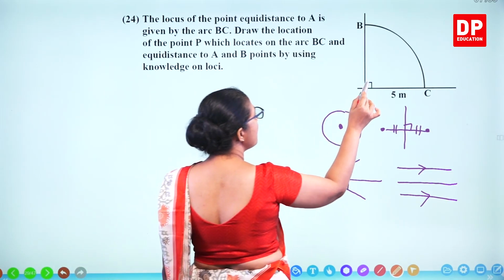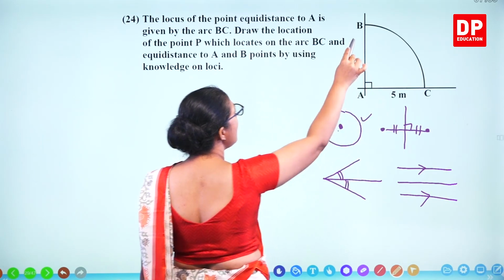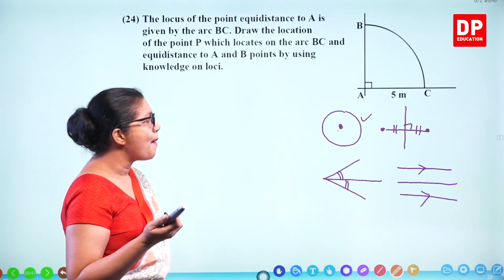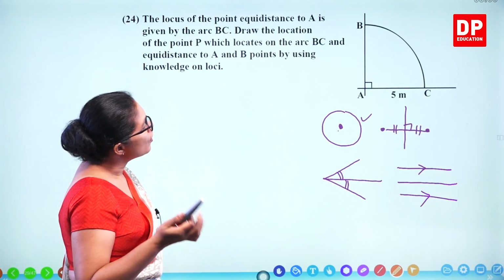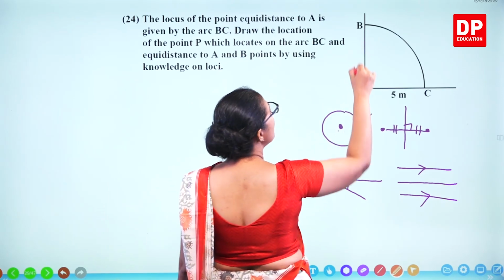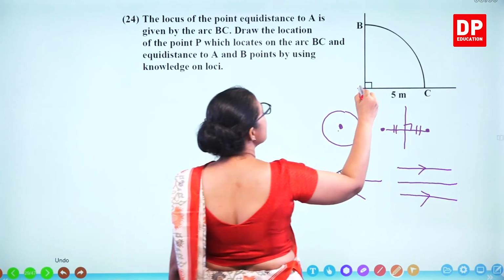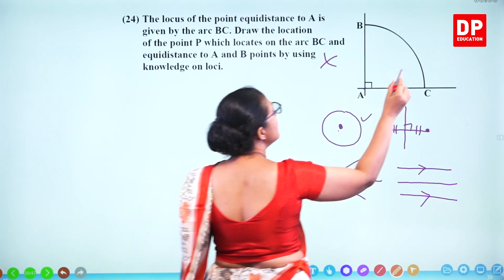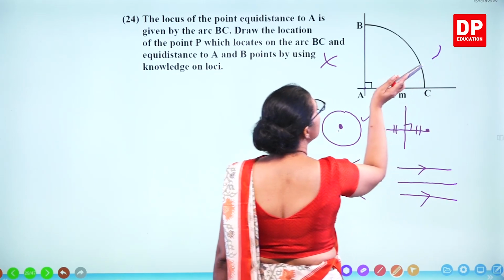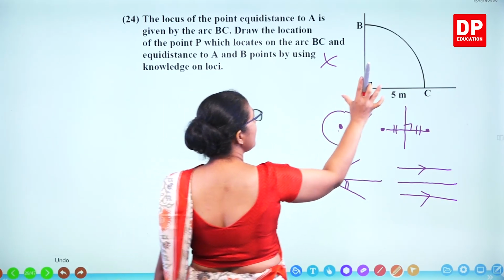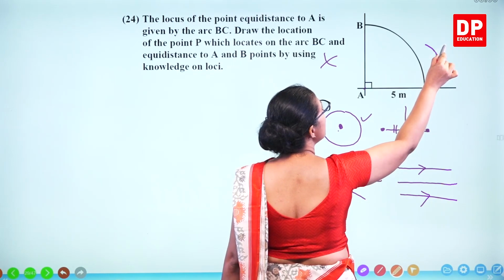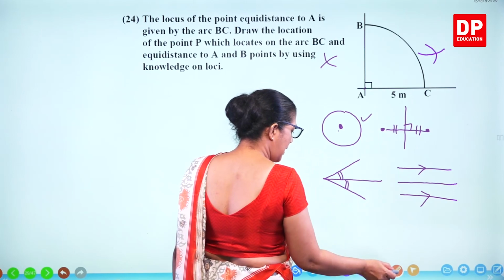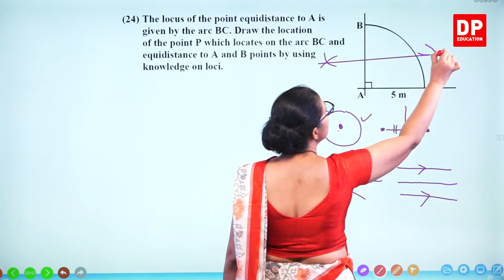So which one is that? You have already been given this part. And now they are asking equidistance from 2 points. That's the perpendicular bisector. So you can draw the perpendicular bisector. Take the compass here and draw 2 arcs here and here. The other way, when you keep it, you get here and here. So 2 arcs like that and you can connect with a ruler.